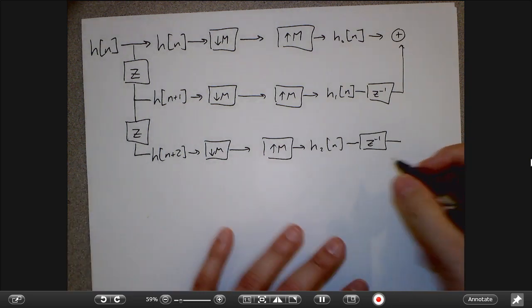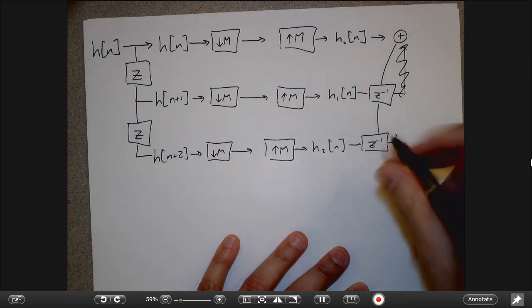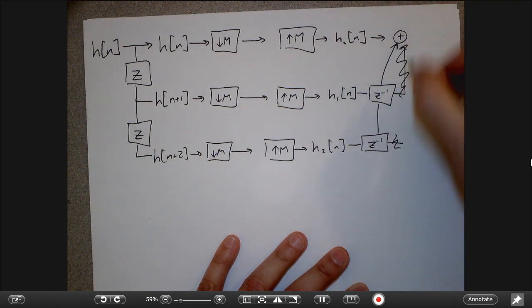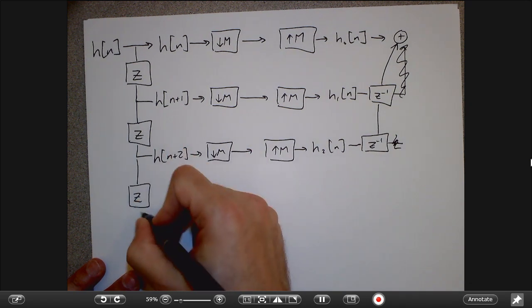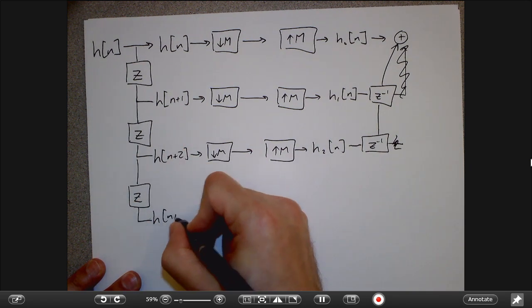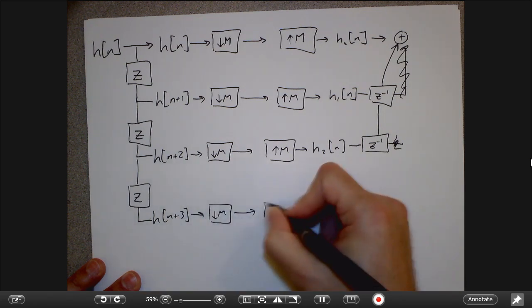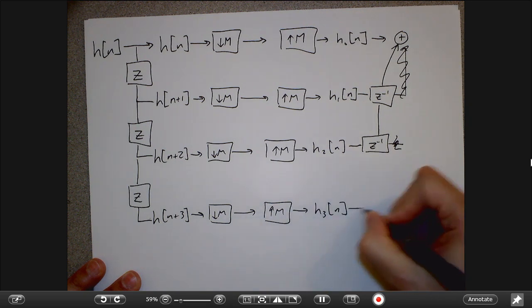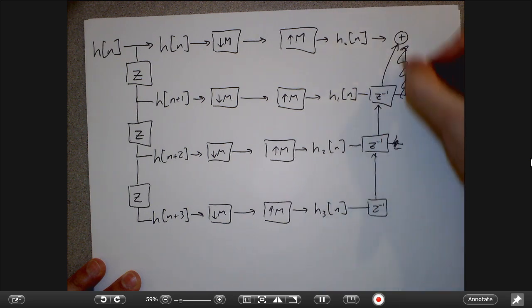Actually, the way I should do this, I guess, is I should put the delays like this, right? So that here, this guy gets delayed, and it gets delayed again when it passes through here. And this goes on until I finish my structure. So all these guys get added up as I go.